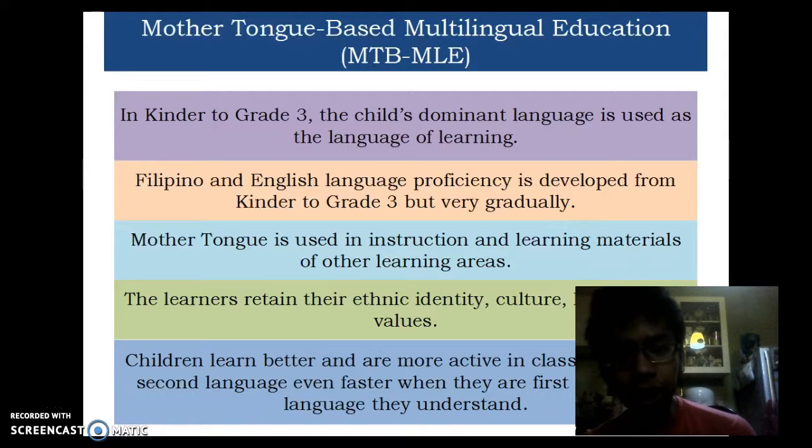Mother tongue is used in instruction and learning materials of other learning areas. The learners retain their ethnic identity, culture, heritage, and values. The children learn better and are more active in class, and learn a second language even faster when they are first taught in a language they understand.